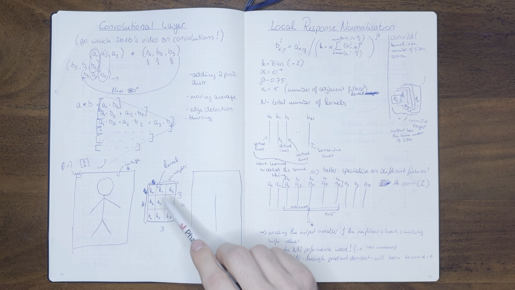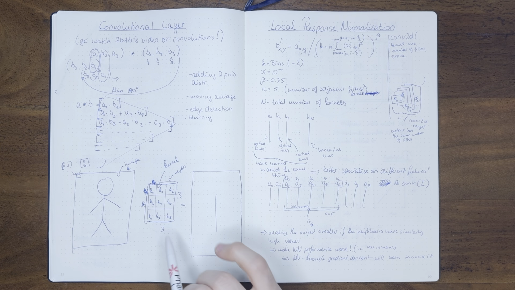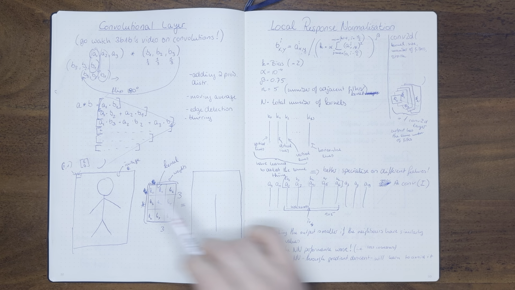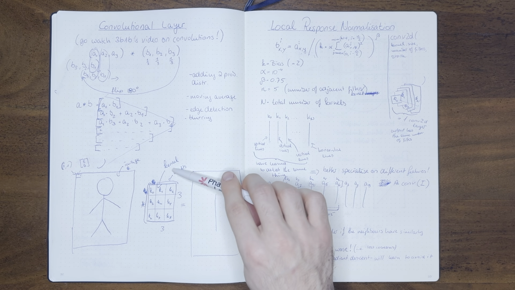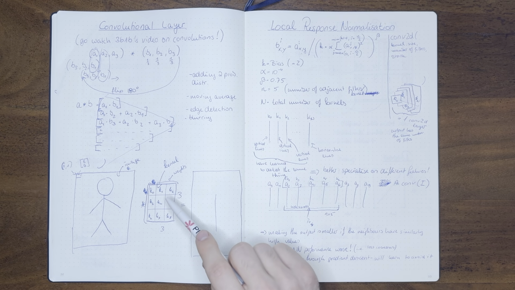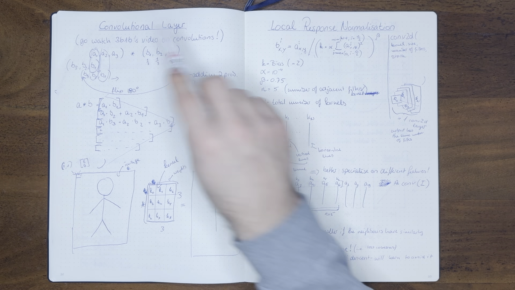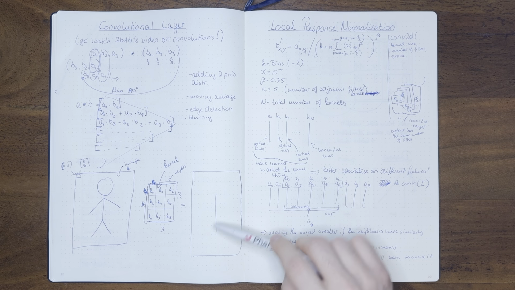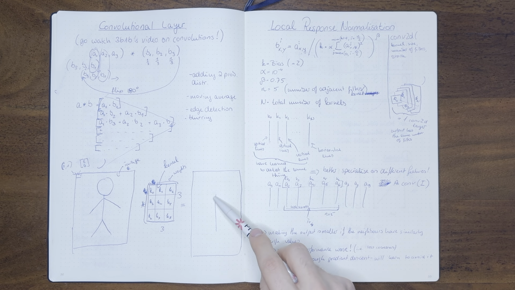Depending on how I select this kernel, I can make it such that only the vertical parts remain. And again, you should watch 3Blue1Brown's video for a much better example of this. With that kernel, the convolution would yield this image where everything is gone except for the vertical part.